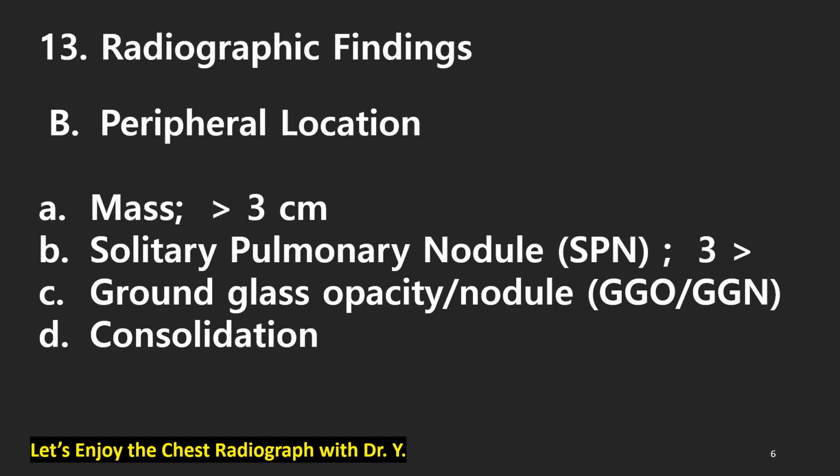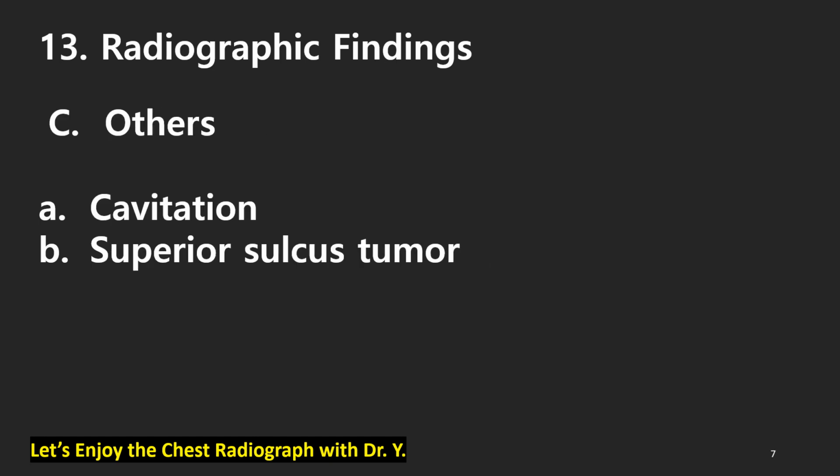C. Ground glass opacity or ground glass nodule. D. Consolidation. C. Other findings, such as mass with cavitation or apical mass. We call them superior sulcus tumor.